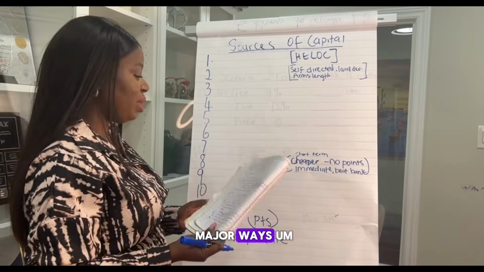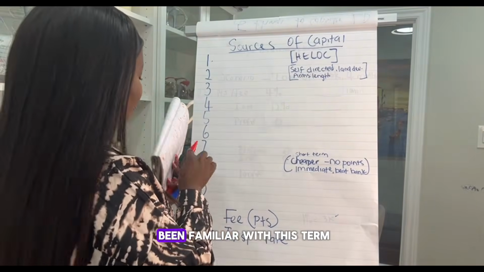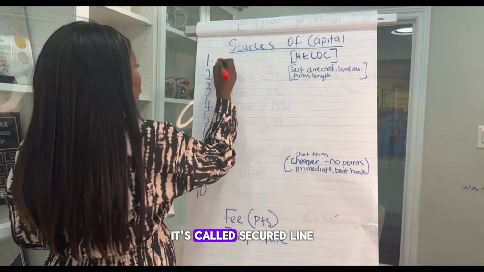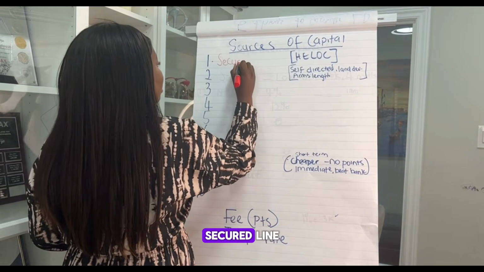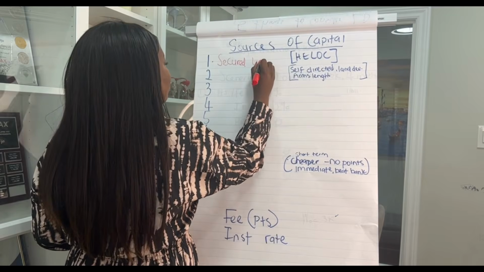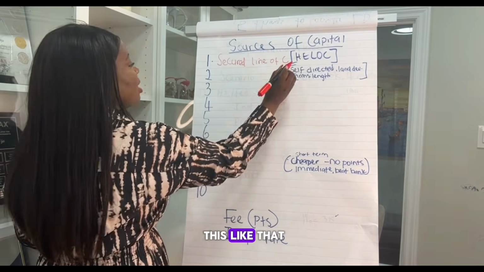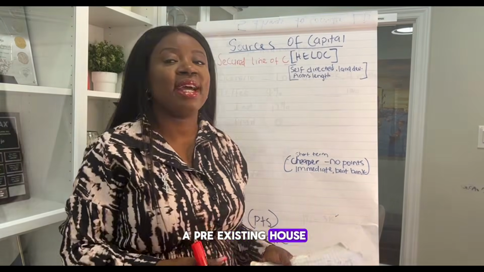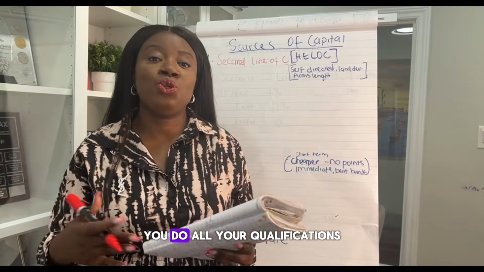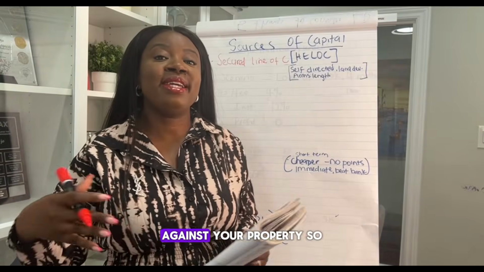So one of the major ways that we raise money is called a HELOC. You guys may have been familiar with this term. It's called a secured line of credit. A secured line of credit is if you already have a pre-existing house and you went to the bank, you do all your qualifications, they're going to give you a line of credit against your property.